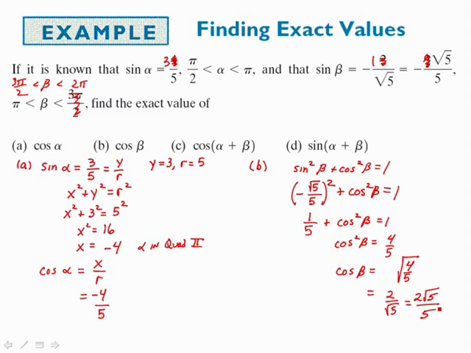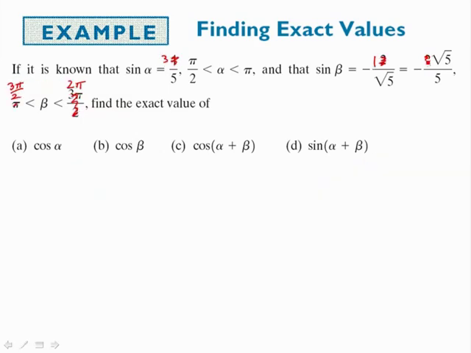So now we have cosine of alpha and we have cosine of beta. All we need to do next is figure out cosine of alpha plus beta and sine of alpha plus beta. Ready to give that a whirl? So again, we know cosine of alpha is -4/5.